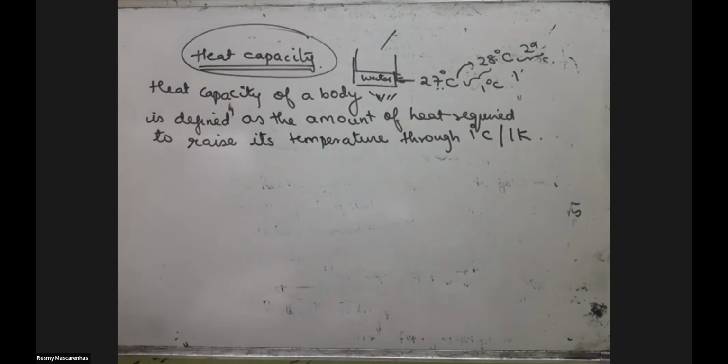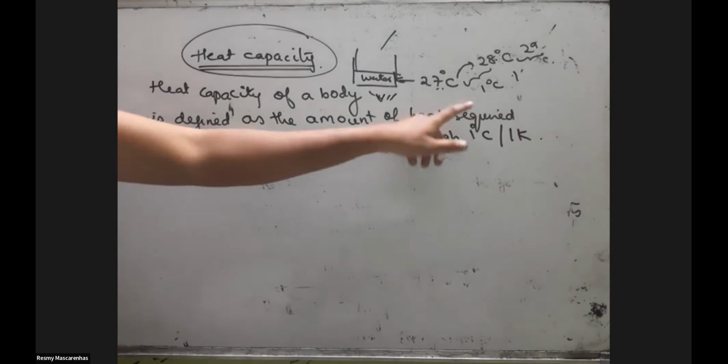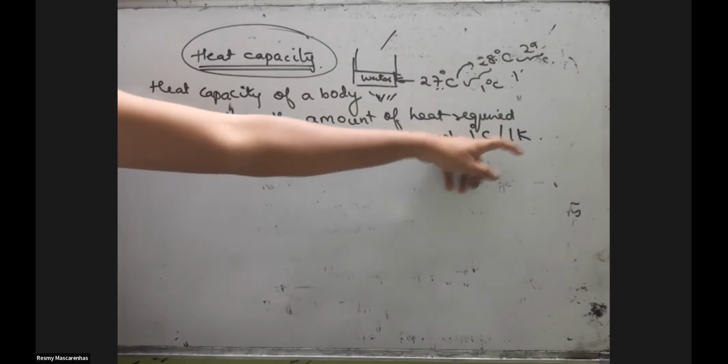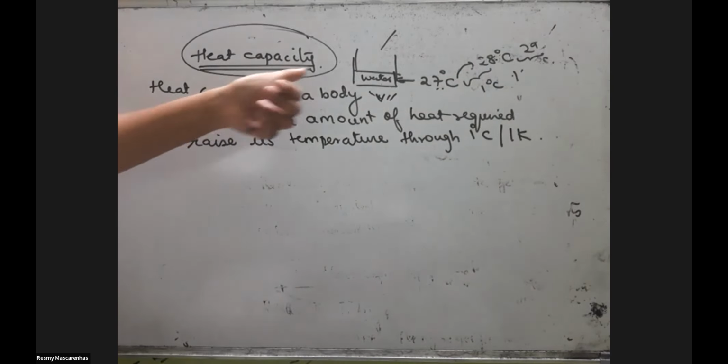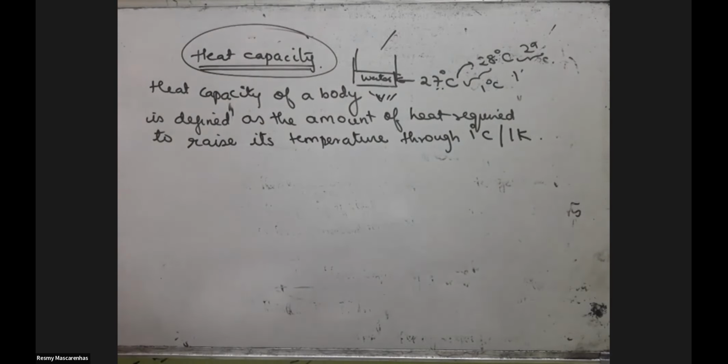We had seen in the previous class various ways you can represent temperature in terms of degree Celsius, Kelvin, Fahrenheit, like that. So you want to increase by 1 degree or by 1 Kelvin, how much heat you will need. This is the heat capacity of a body.